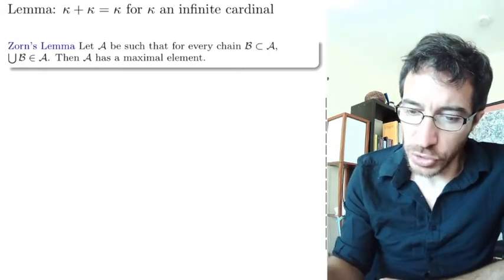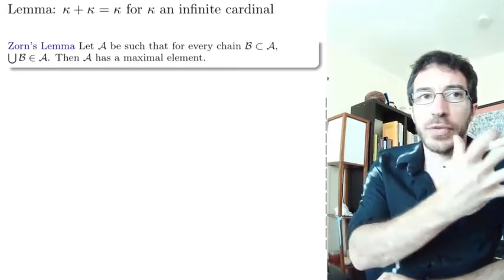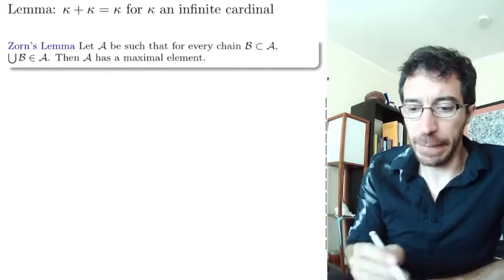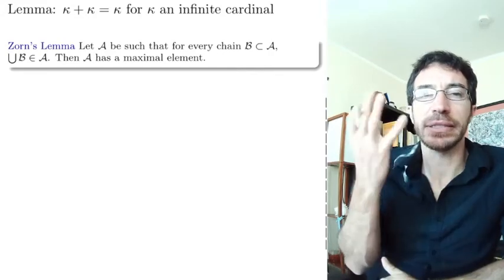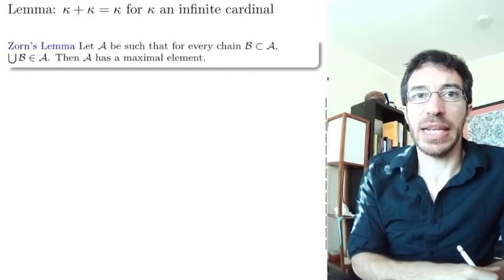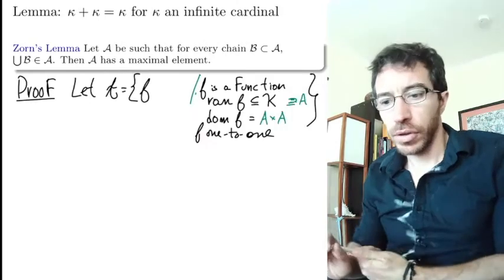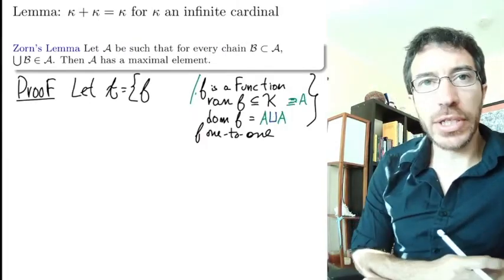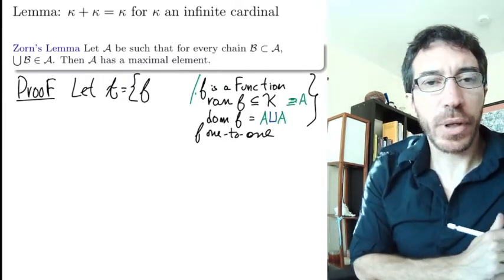So how do we use Zorn's lemma? Remember, we need to define a collection of sets, prove that it satisfies the chain property, and then obtain a maximal element, and then see how this maximal element is being used. So let's do this proof. Okay, so we need to start defining our collection of sets where we're going to use Zorn's lemma.